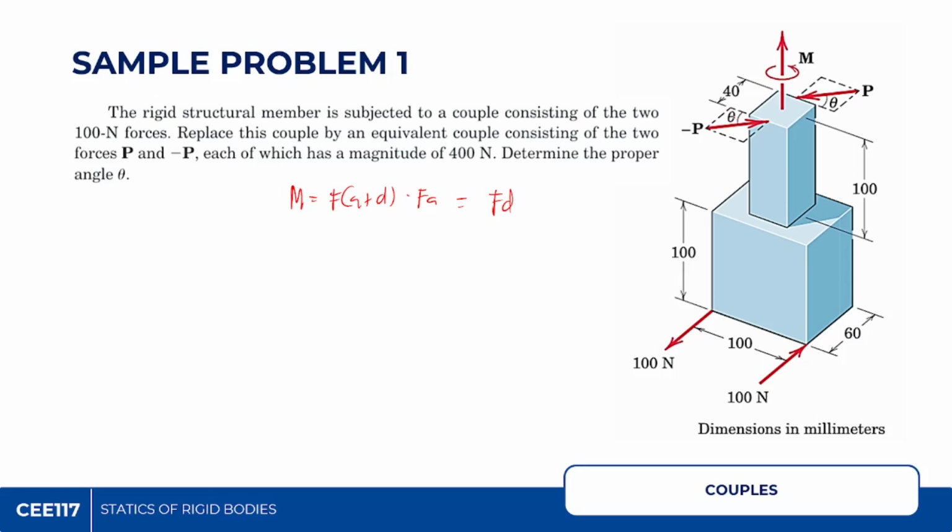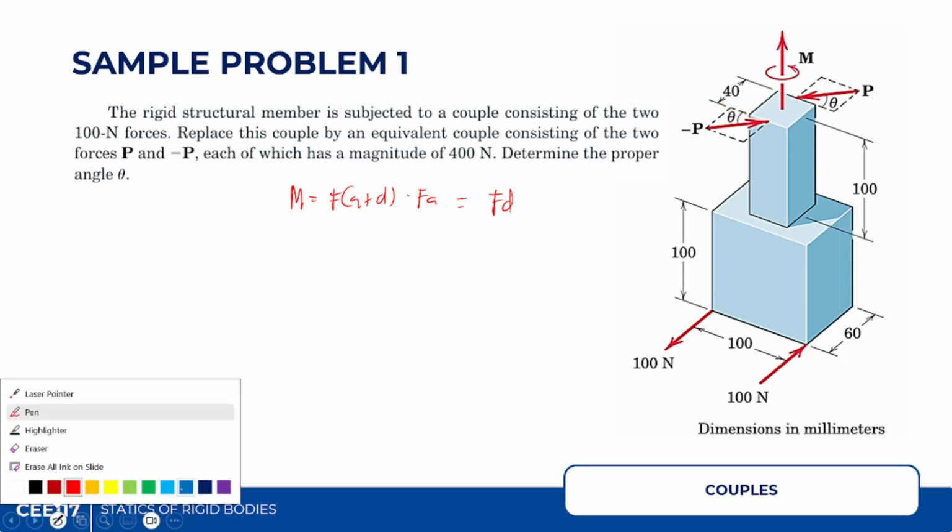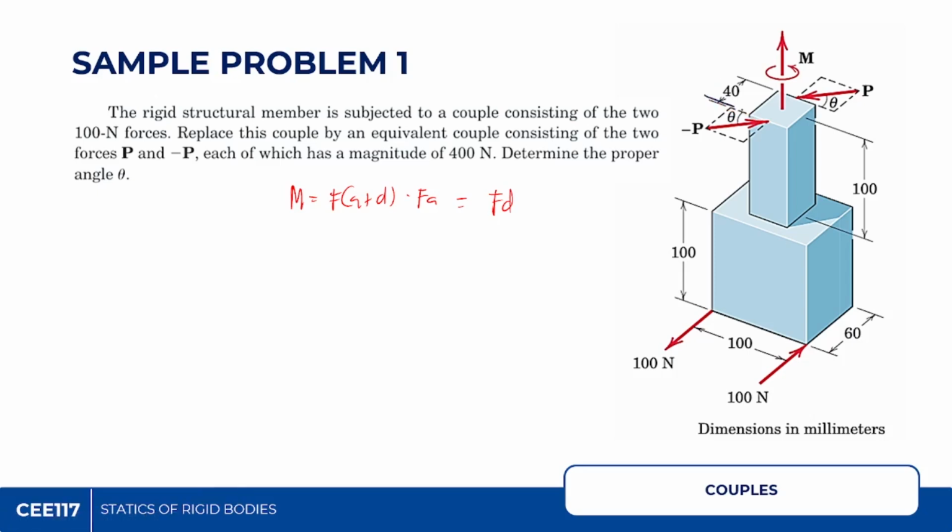In this case, meron tayong theta dito. Then we have negative P. Hindi ito perpendicular distance, tama ba? Yung perpendicular distance, kukunin mo muna yung component nito along this direction, and then you can get the perpendicular distance D, which is equal to 40.